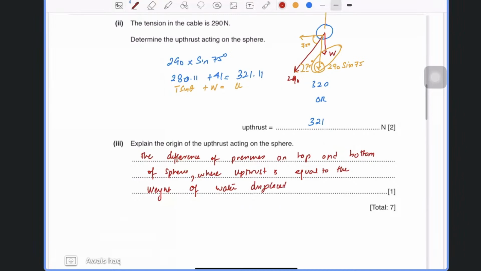So that's what it is in this question. Otherwise you could write fluid as well, like that.